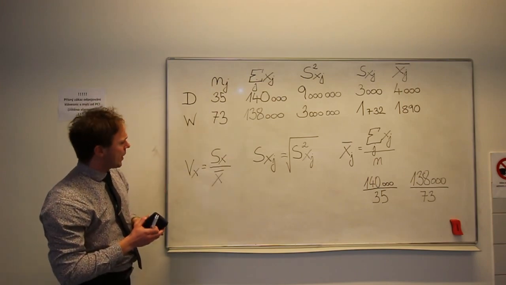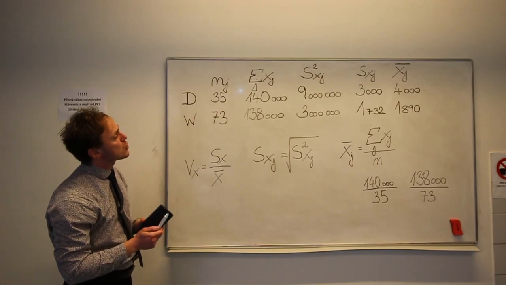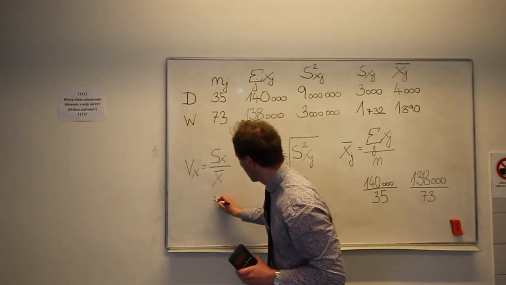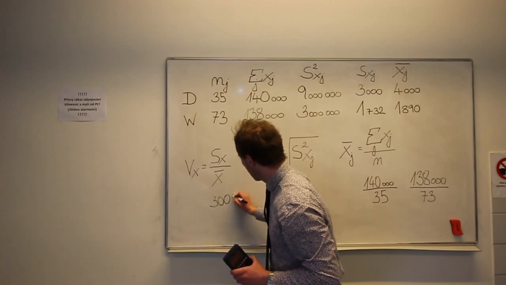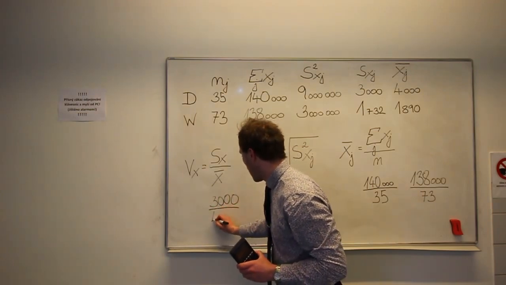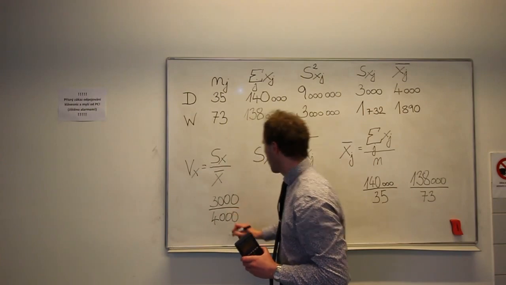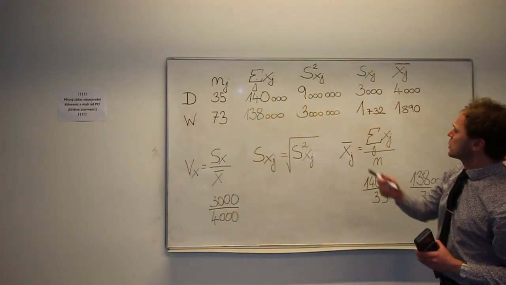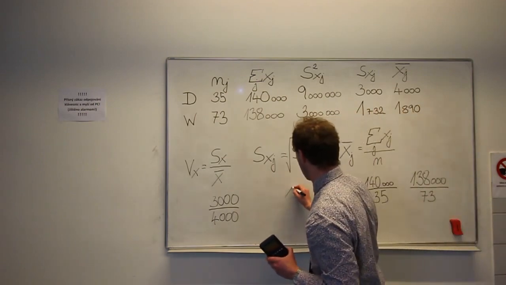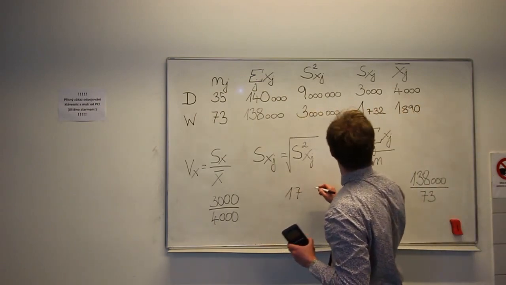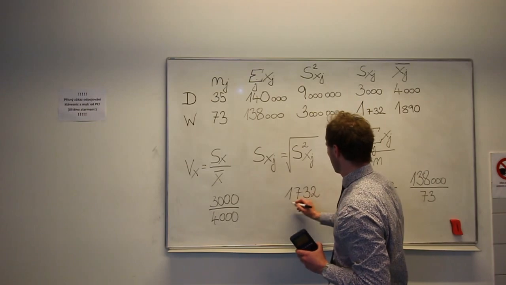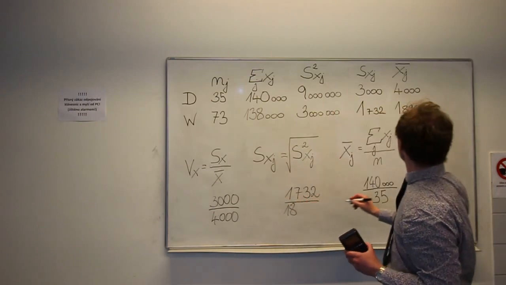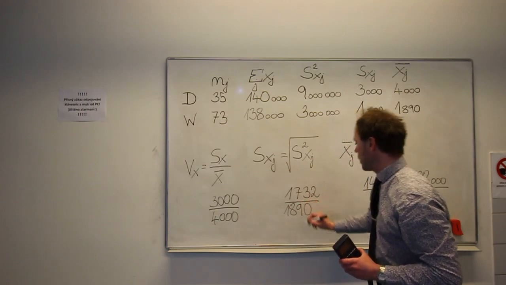Okay, so now we can calculate these ratios. In the first case, the case of deposits, 3,000 divided by 4,000, and in the second case, the case of withdrawals, 1,732 divided by 1,890.